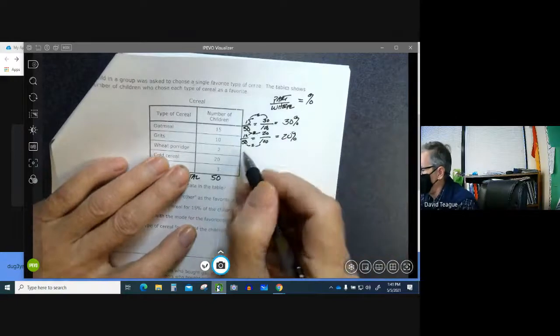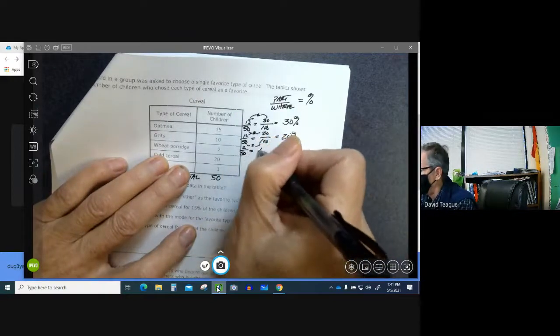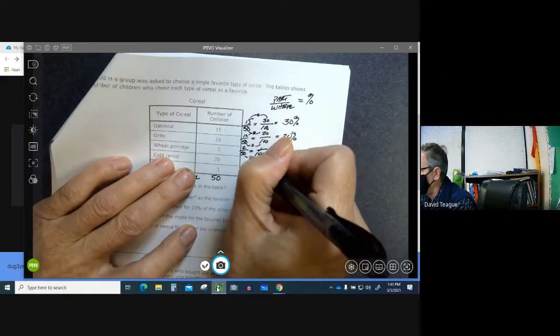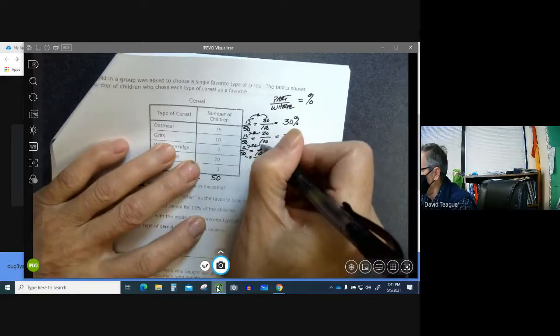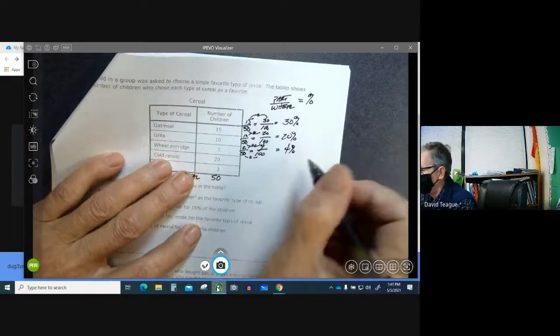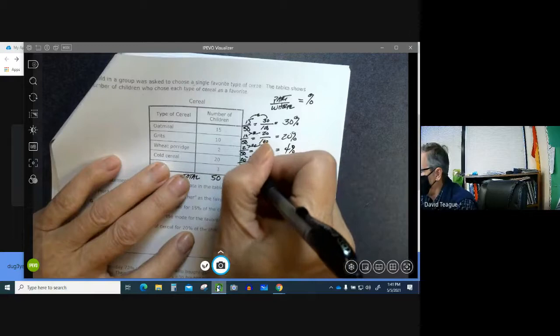And then I have 2, so I'm going to put 2 over 50, equivalent fraction of 100 in the denominator. So 50 times 2 gives me 100. 2 times 2, so this is equivalent to 4%. And then I have 20, so 20 over 50.